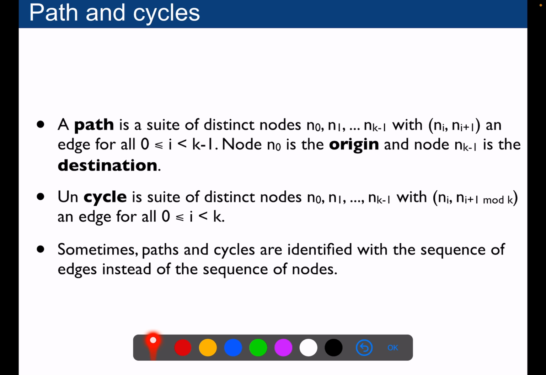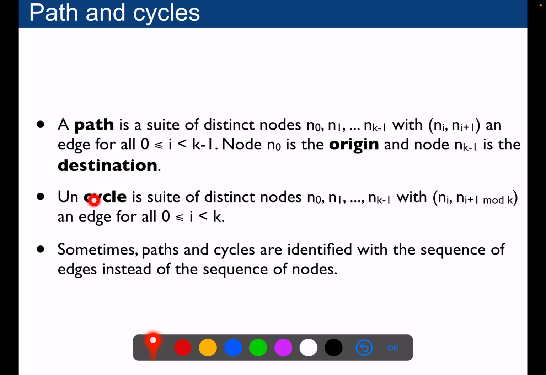A path is a sequence of distinct nodes, such as node 0, node 1, and so on. Okay, so each of these is a different identifier of the graph. And of course, for every consecutive pair of nodes on your path, it must be that this is a valid edge of your graph. Okay, we call N0 the origin of the path, and the last one will be the destination of the path.